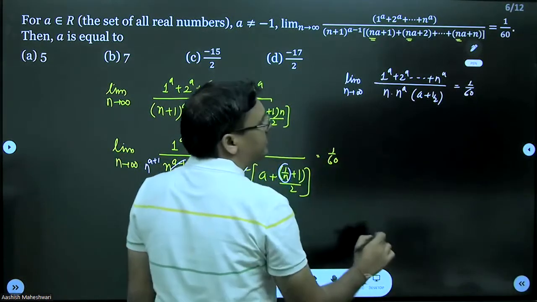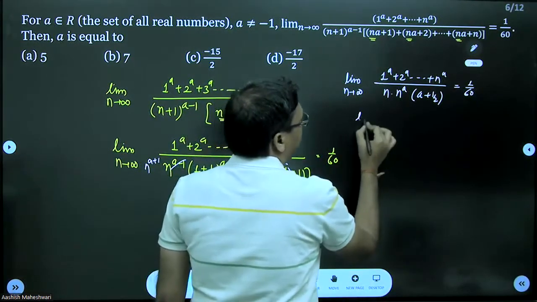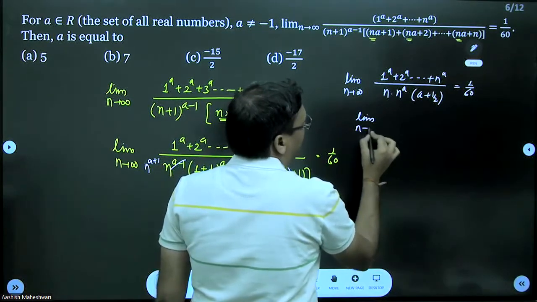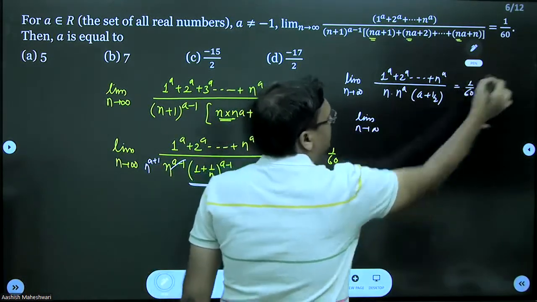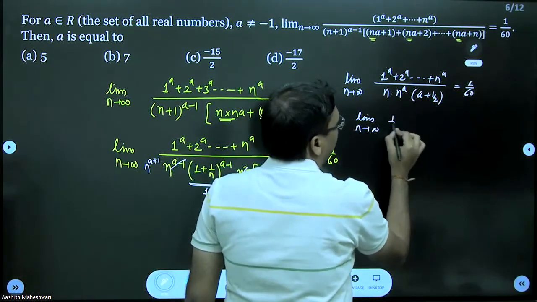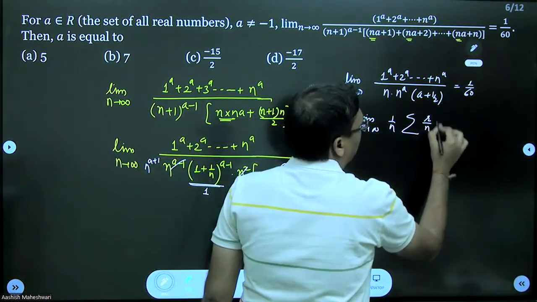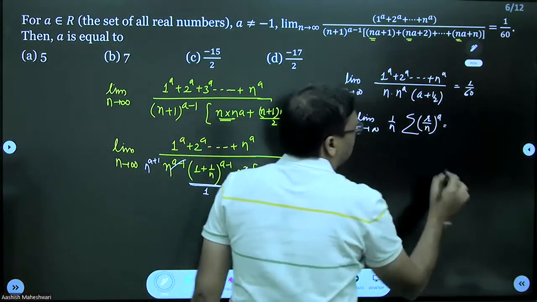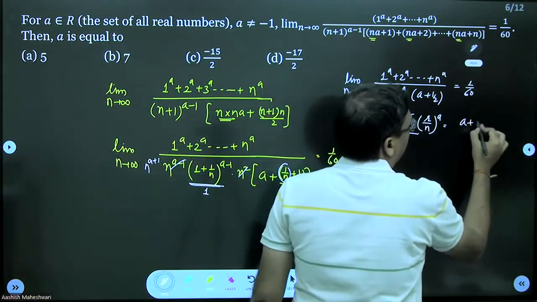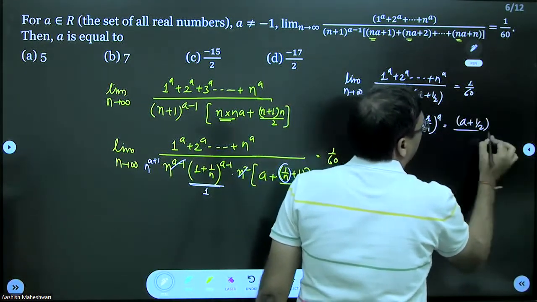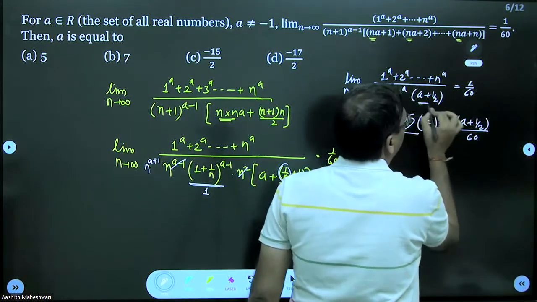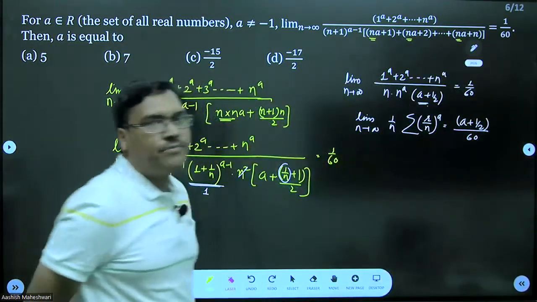And now see, I can write this as limit n tends to infinity. This is some constant, send it to the other side. This is 1 by n. You can say this is sigma r by n raised to a. This is equal to a plus 1 by 2 divided by 60. This is a constant, so multiply it. Correct?